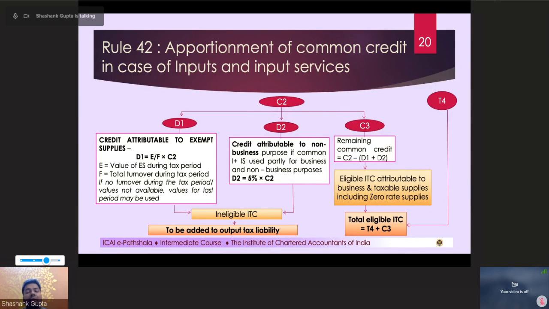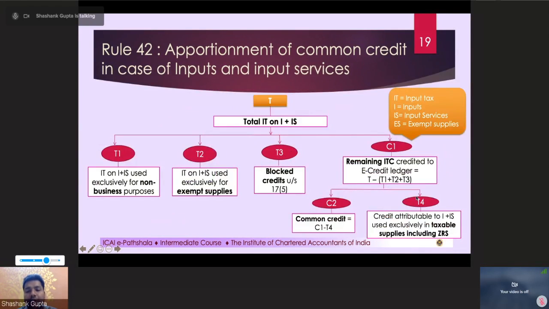That amount needs to be done away because that is credit attributable to exempt supply. Next, multiply this common credit by 5%. That will be the amount attributable to non-business purpose. And the balance amount, that is the common credit 10 lakh minus 1 lakh, that is credit attributable to exempt supply, and 50,000 credit attributable to non-business purpose, 8,50,000 is the eligible ITC. And the total eligible ITC will be this 8,50,000 plus the credit exclusively attributable to taxable supply.